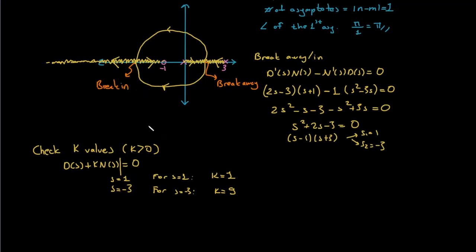Apparently this point happens when s is equal to minus 3. So this is minus 3, and this is when s is equal to 1. Corresponding k values are, I can put it right over here: this happens when k is equal to 1, and this happens when k is equal to 9.